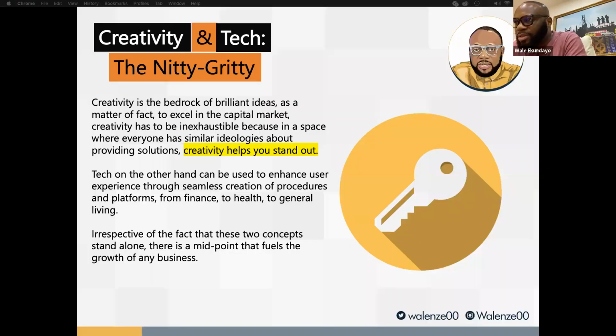As a matter of fact, to excel in the capital market, creativity has to be inexhaustible. Because in a space where everyone has similar ideologies about providing, ever since Kuda Bank came into Nigeria, for those who are in Nigeria, or before them was Fair Money, before them was Rent Money, before them were microfinance banks, all right?